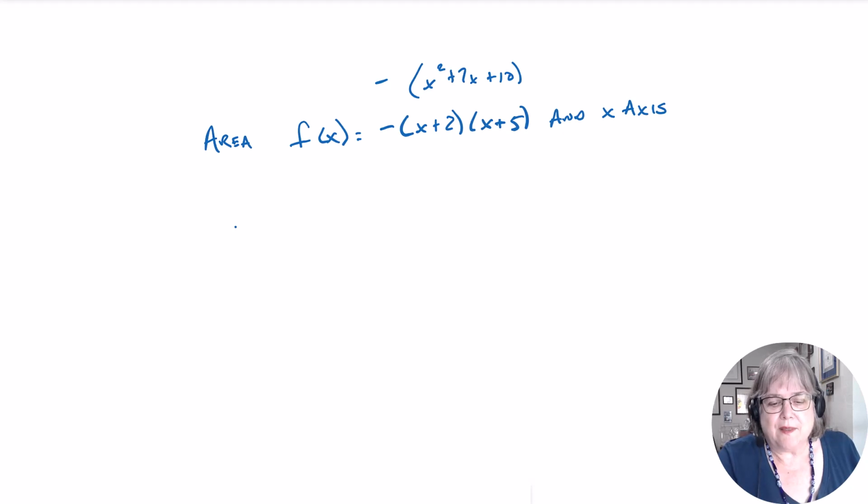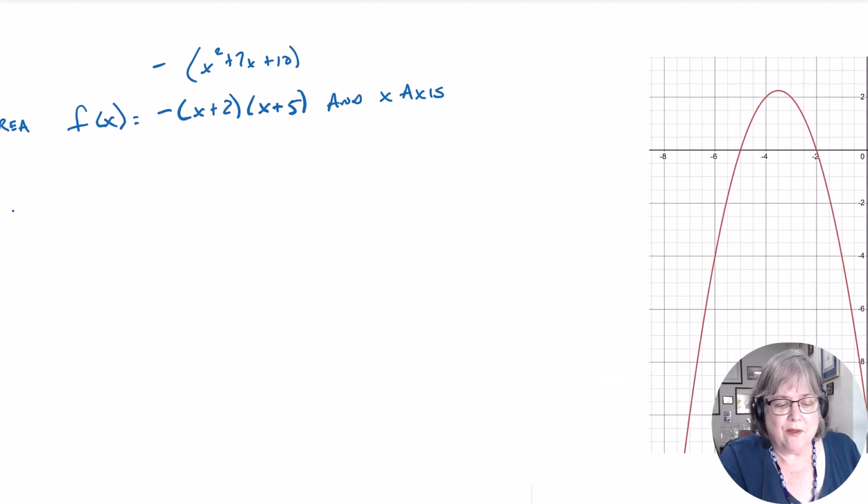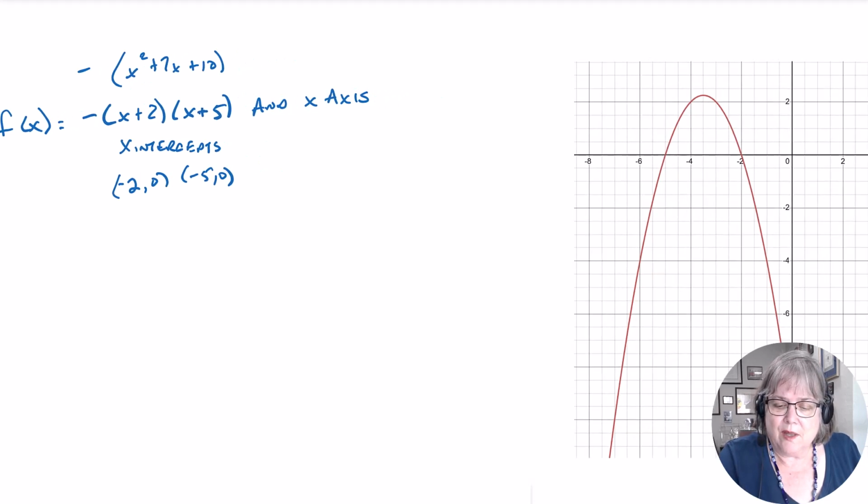Now, let's look at the function. If you have it already factored, your x-intercepts here would be at negative 2, 0 and negative 5, 0. So over here's negative 2, 0. Here's negative 5, 0.